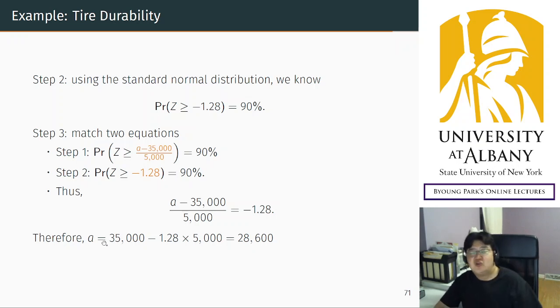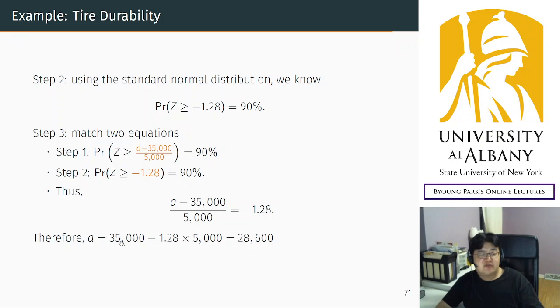Excuse me. And you may interpret this using the standardization idea. So think about this. Minus 1.28 means it's below. Minus means below average, and how much? What's the distance from the average? That is 1.28 standard deviation. So if you go down by 1.28 from the mean, then you will get 90% above.